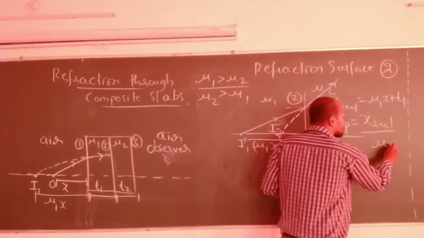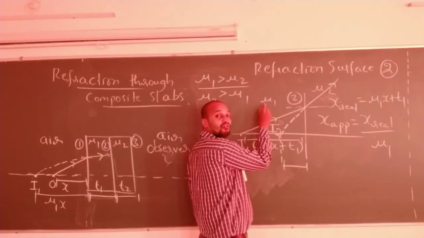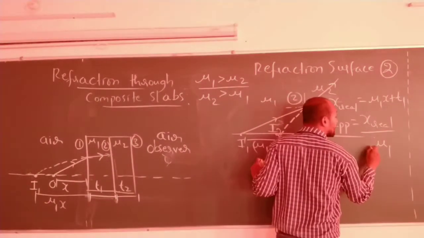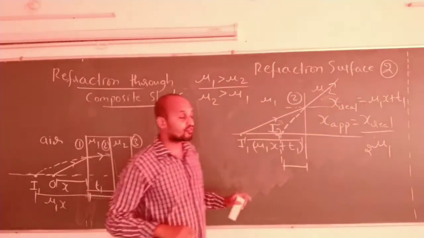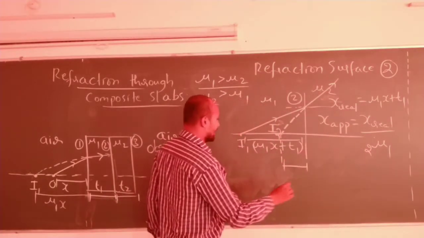So here, what is that mu? It is the refractive index of the denser medium with respect to the rarer medium. Now find x apparent.